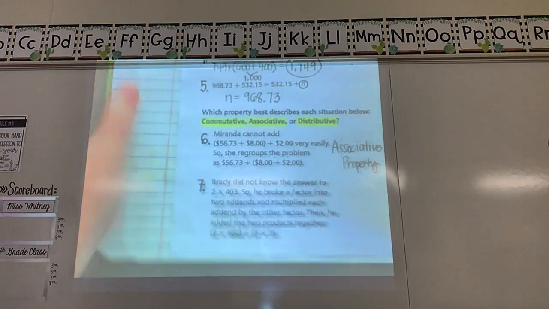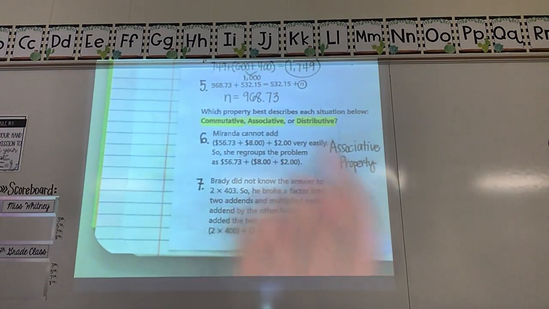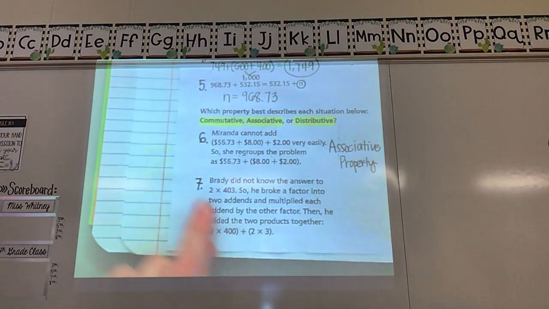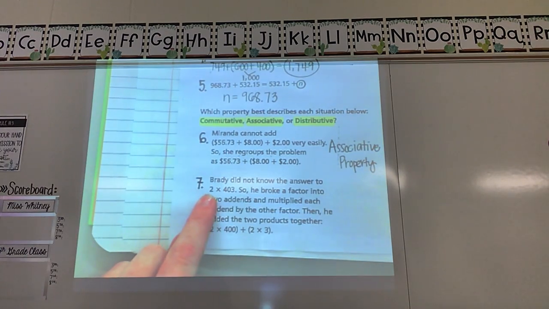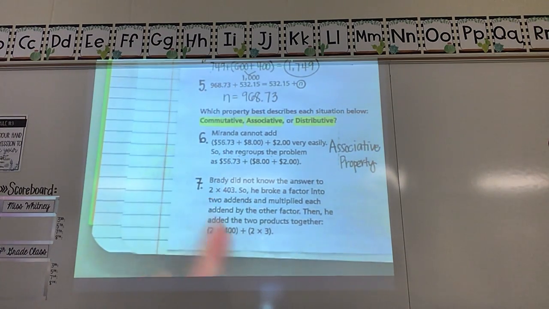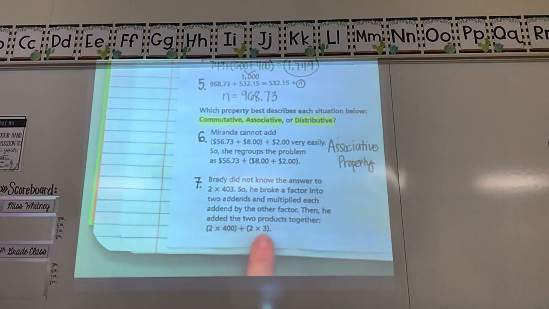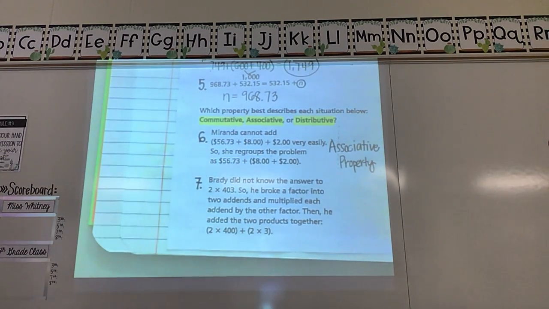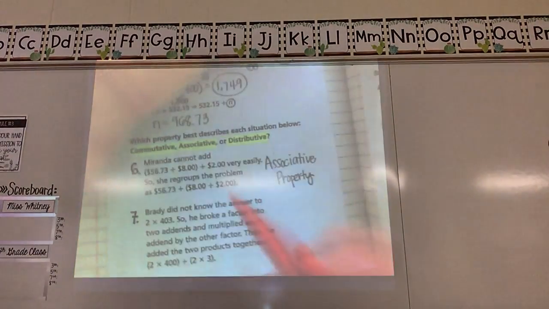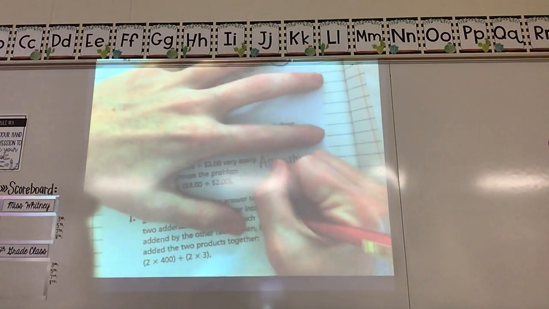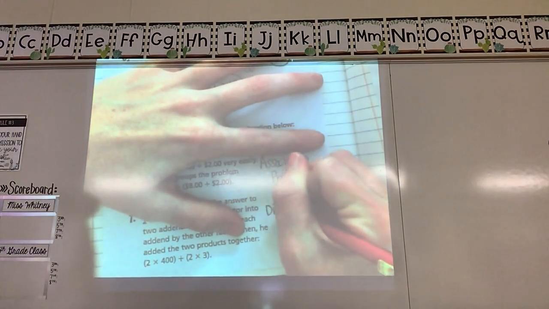Hopefully, you are thinking the distributive property. He took that 2 and he shared it with both numbers. He shared the 2 with 400 and he shared the 2 with the 3 to help him multiply that bigger number. So number 7, Brady used the distributive property.